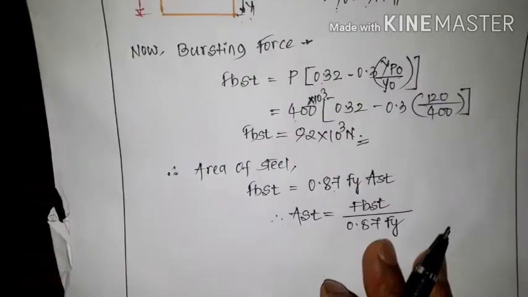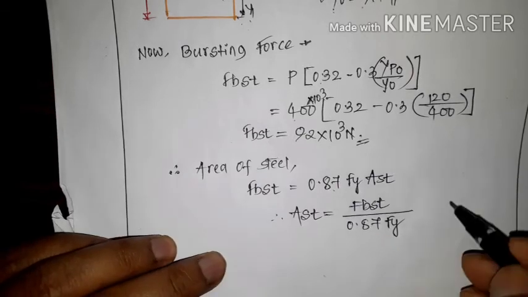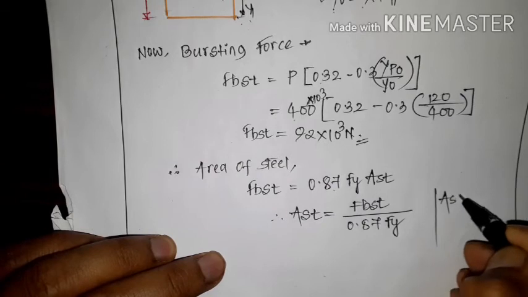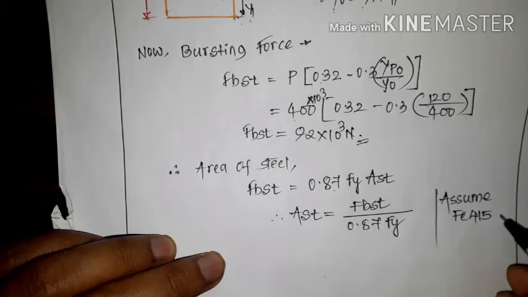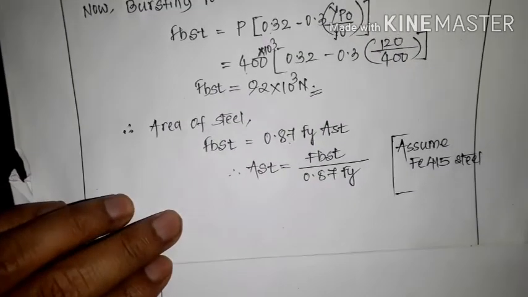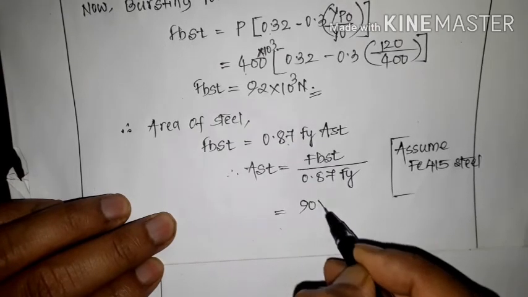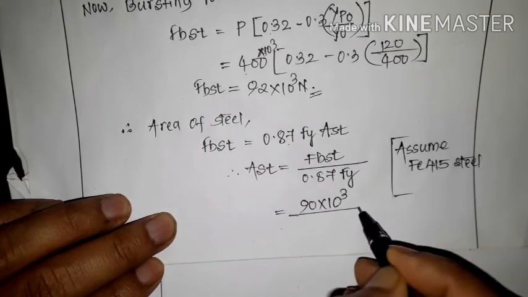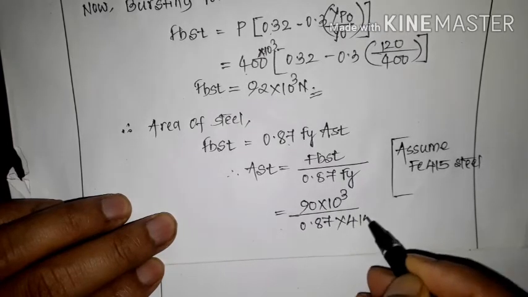Assuming Fe 415 steel, AST is equal to 92 into 10 raised to 3 divided by 0.87 into 415.